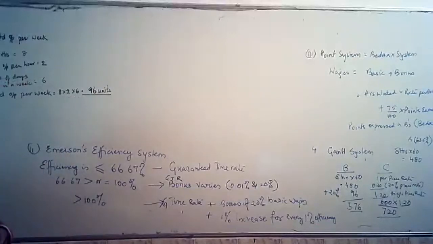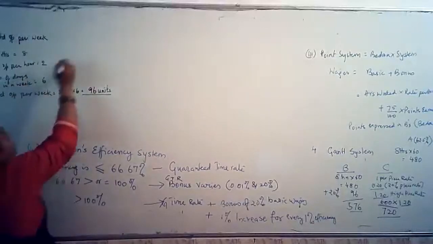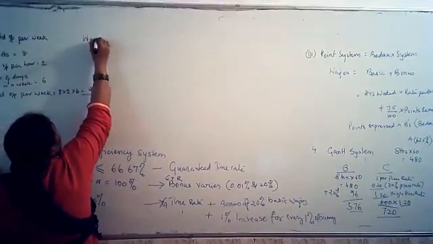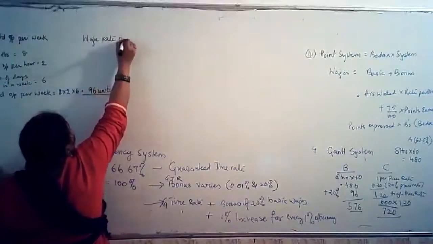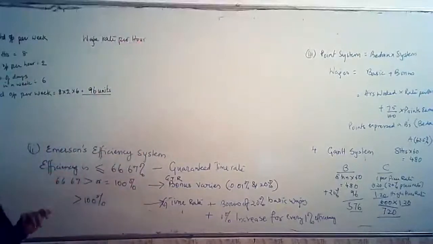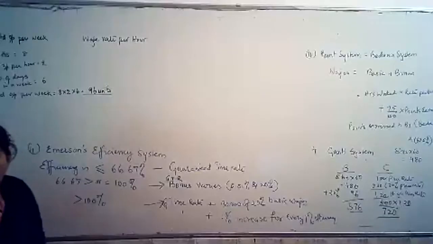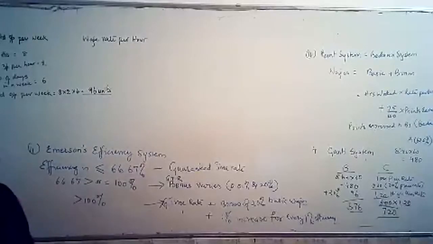Next information I need is wage rate per hour. How will I calculate wage rate per hour? I know how it is paid every day. They have given daily wages paid is 360.